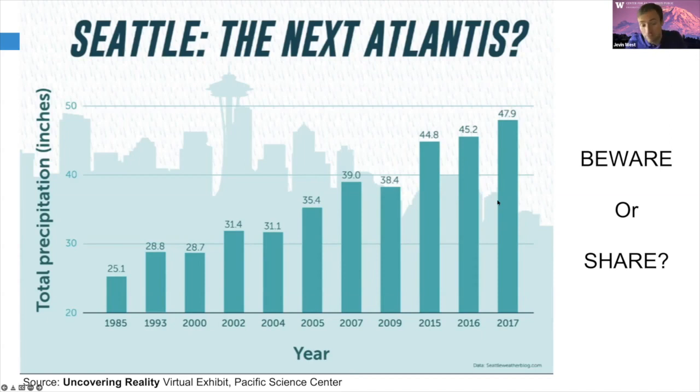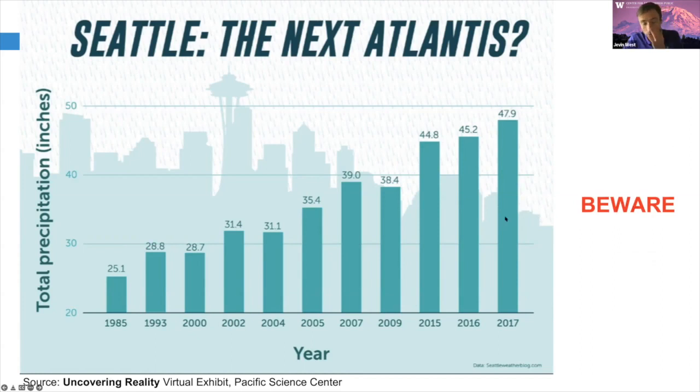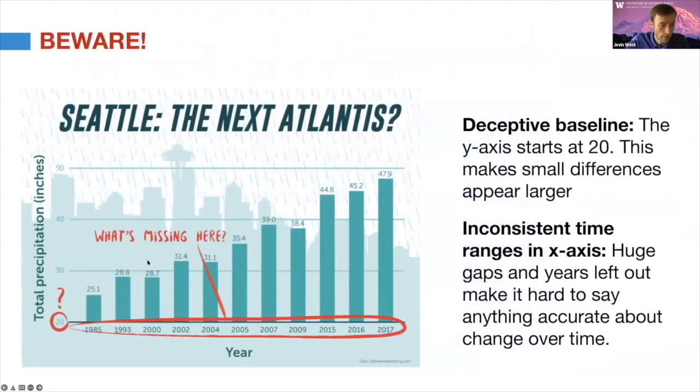And maybe if you put those years in, it would still have that pattern, but you should be asking, why are those years removed, and why were these years arbitrarily chosen as the years to represent the total precipitation? So if you drill in closely, of course, you should be aware here. You have what's missing in these particular years.